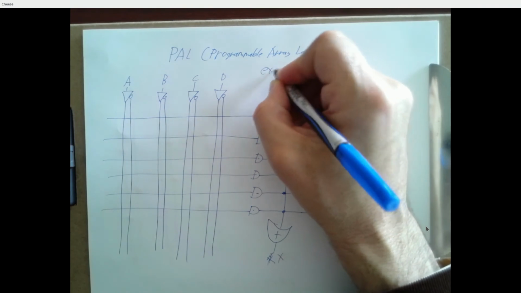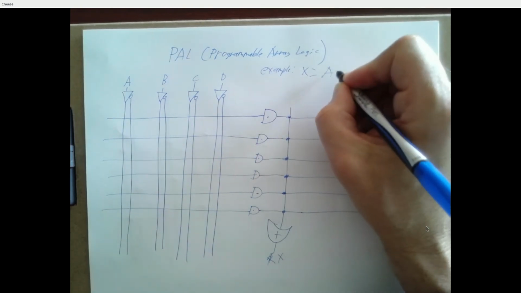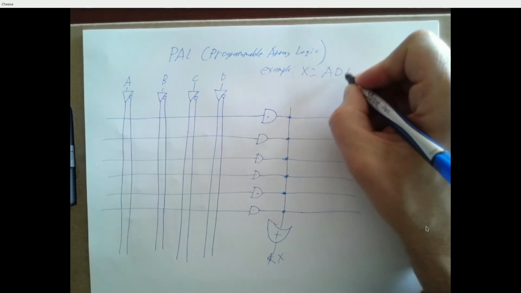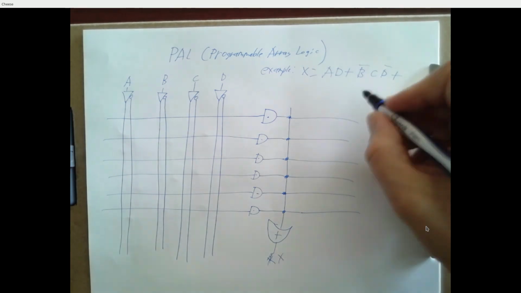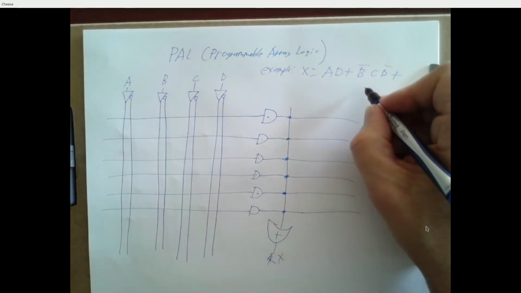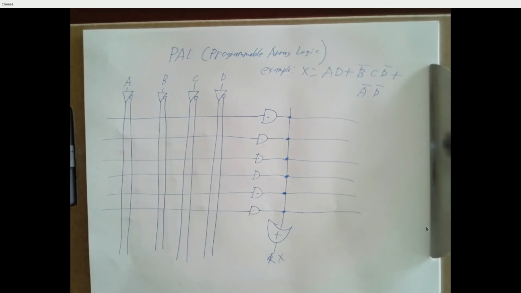So example, X equals AD or B bar CD bar or A bar D bar. All right, instead of using dots, I'm going to use X's to indicate a connection, just because it's a little easier to draw.